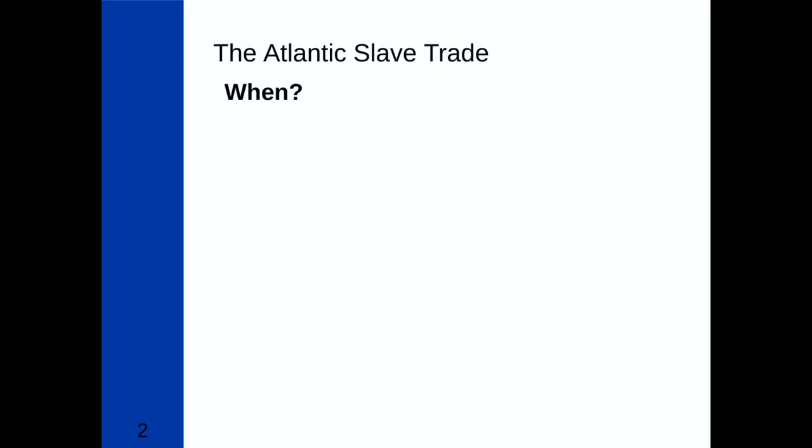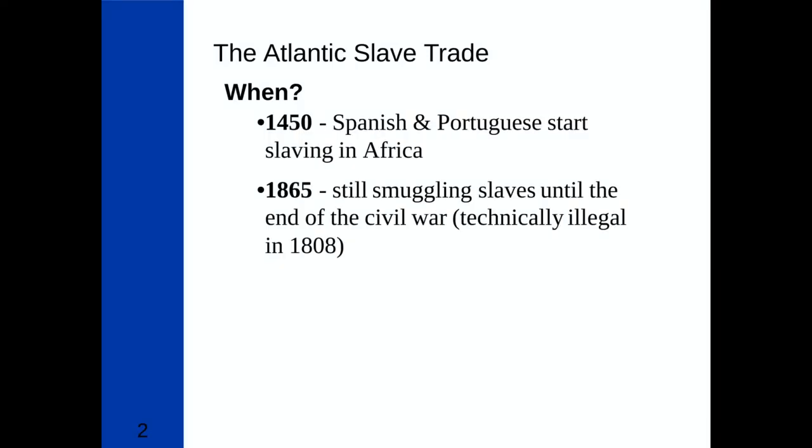So the Atlantic slave trade, when does it take place? Well, it's going to take place really from 1450 all the way to 1865. So we got a good lengthy time span of almost 400 years. The Spanish and the Portuguese were the ones to first bring over slaves from Africa and eventually bring them to the New World.